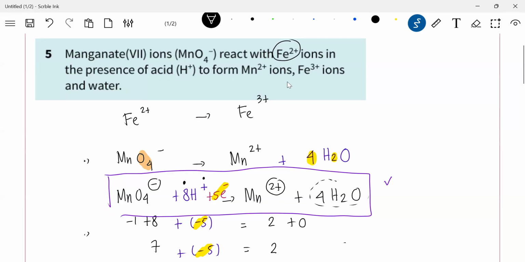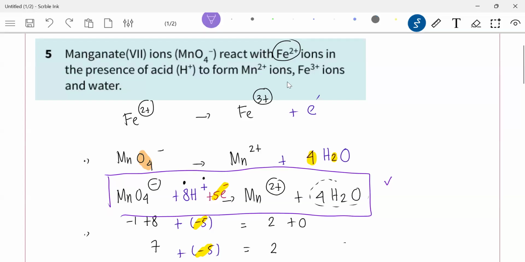This is unbalanced because the charge on the left is 2 and the charge on the right is 3. So to make it balanced, we have to add electrons on the right because the charge of the electron is -1. So 3 minus 1 is 2. Both are the same. And then next step.